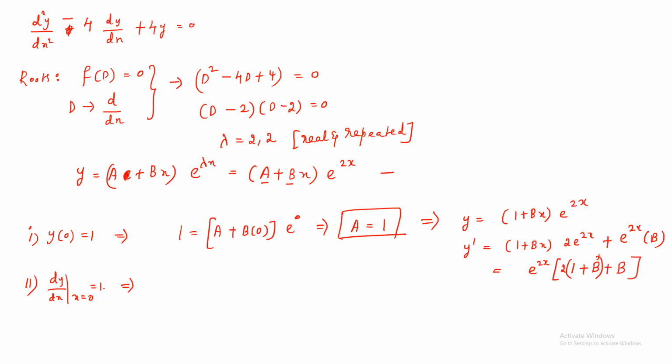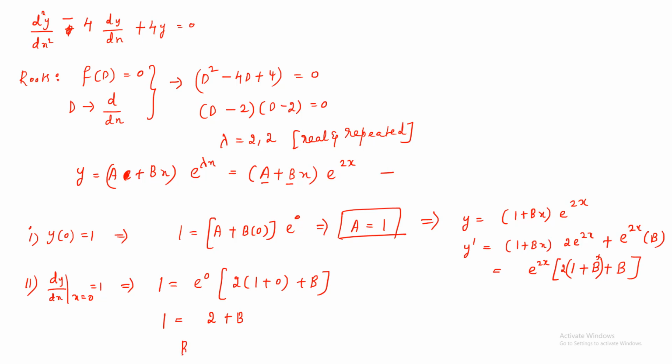So our y dash at 0 is 1, e power 0 into 2 into (1 plus 0) plus b, so we have 2 plus b.